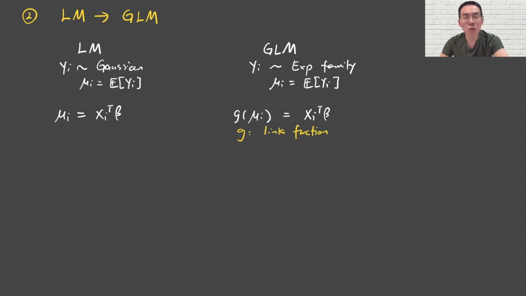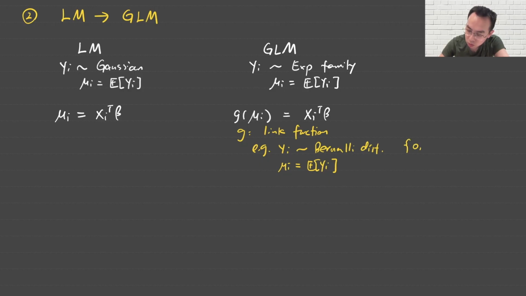A very nice way to think about the link function is that it just transforms the domain of the problem, right? For example, if yi is Bernoulli distributed, then the domain of mu i, the expected value of yi, matters. Y can only take 1 or 0, so the expectation of that is in between 0 and 1, right?